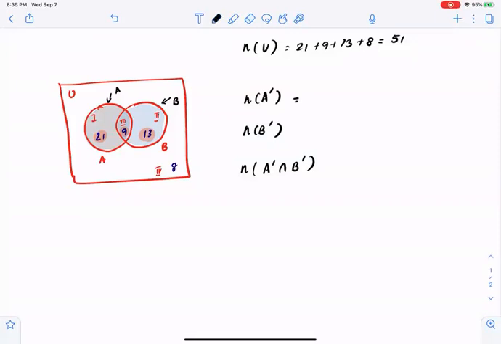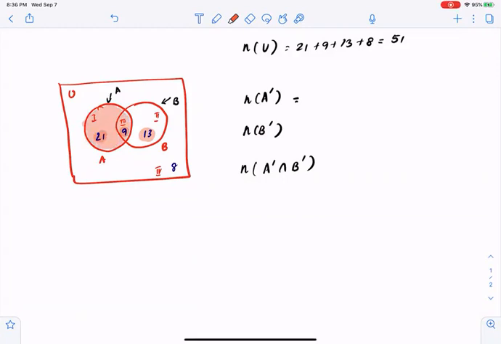I want to account for everything that is not in A. So exclude anything that looks like A, which would mean I would want to exclude that part.